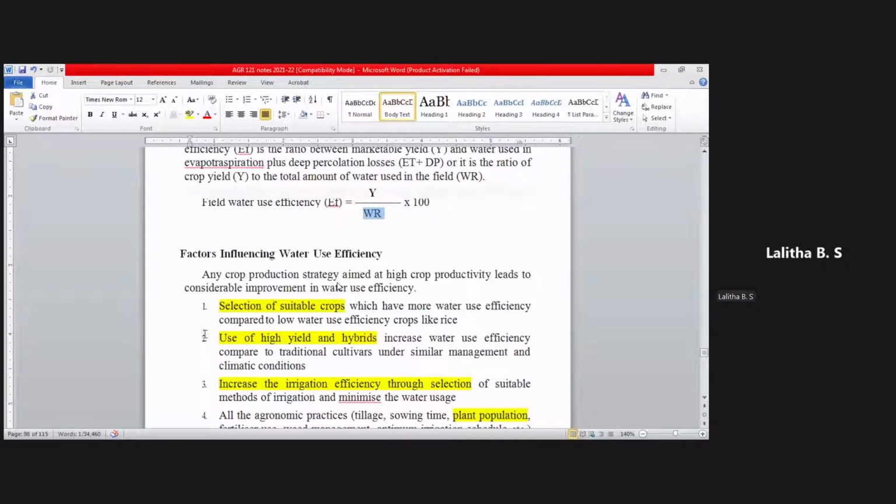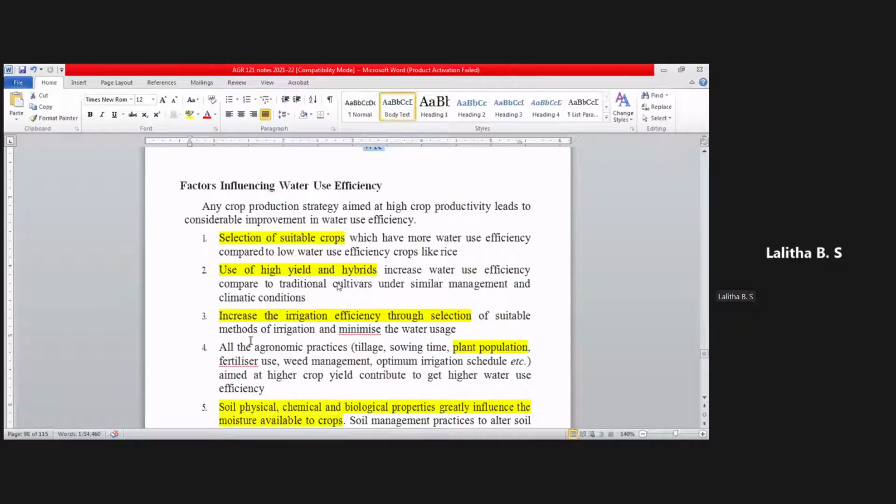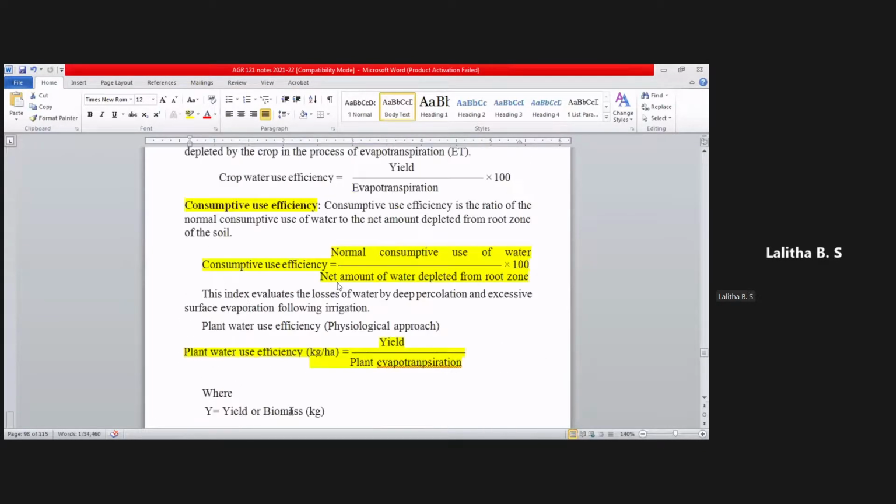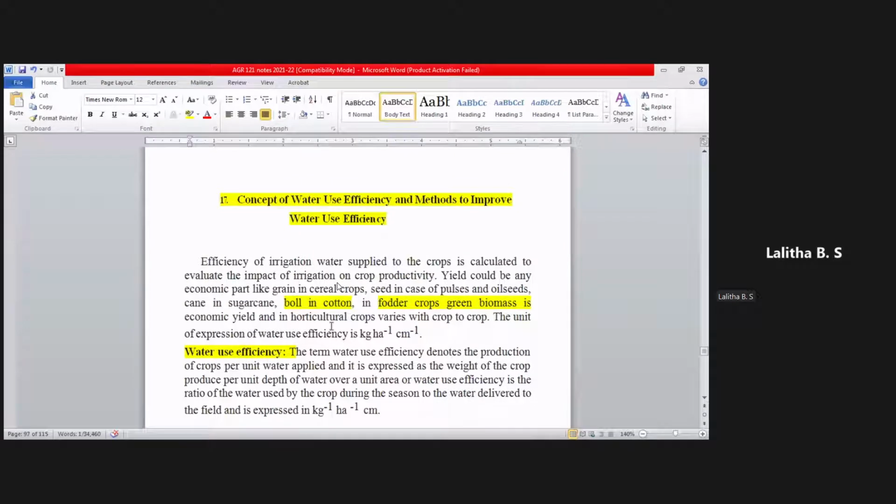By selecting a good crop, using hybrids, increasing the irrigation efficiency, and following these good agronomic practices, we can definitely increase the yield of the crop and reduce the water loss. So this is in brief about how we can increase the water use efficiency in the different crops.